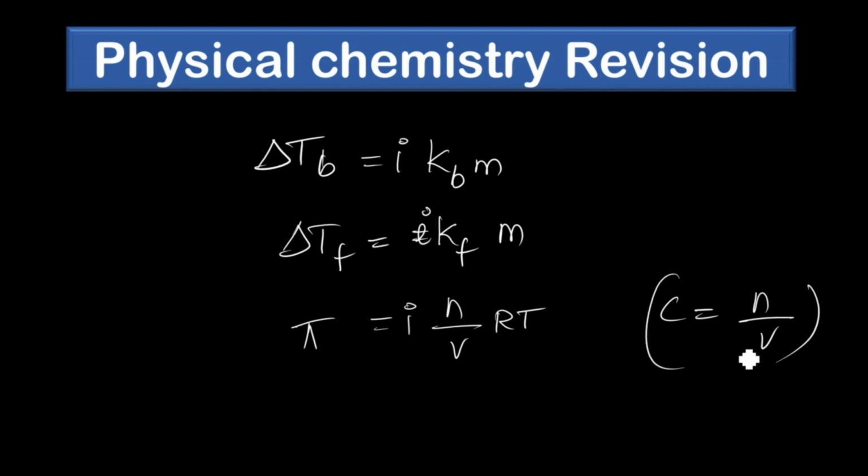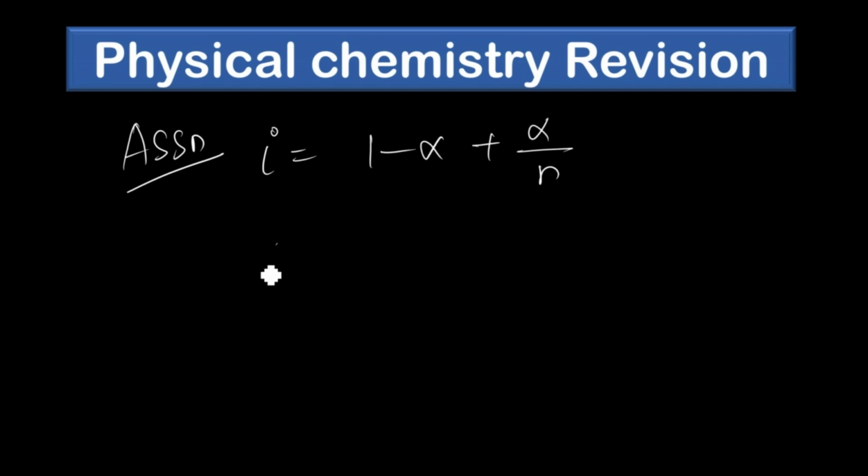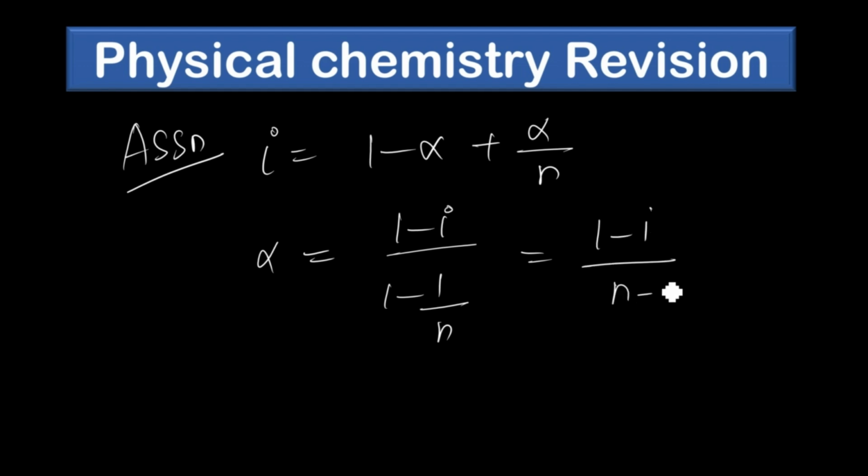Then if the solute is undergoing association, then i value becomes 1 minus alpha plus alpha by n, which gives alpha is equal to 1 minus i by 1 minus n, which I can write as n minus 1 by n.